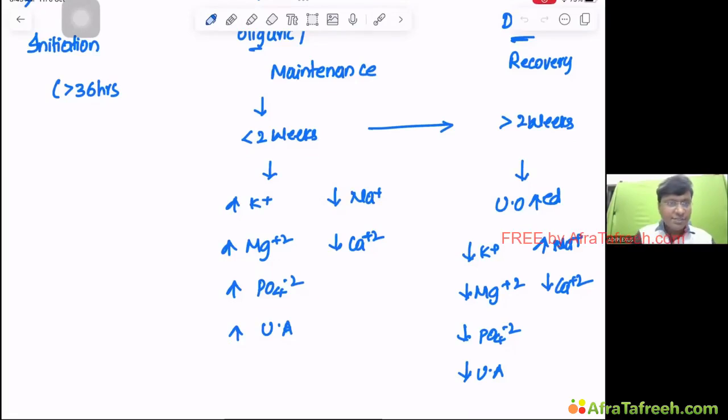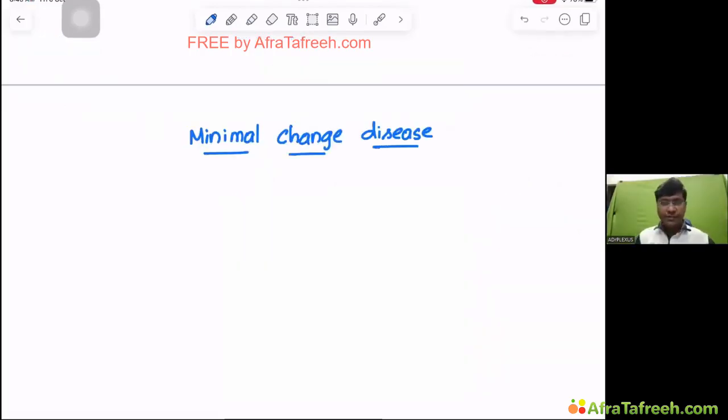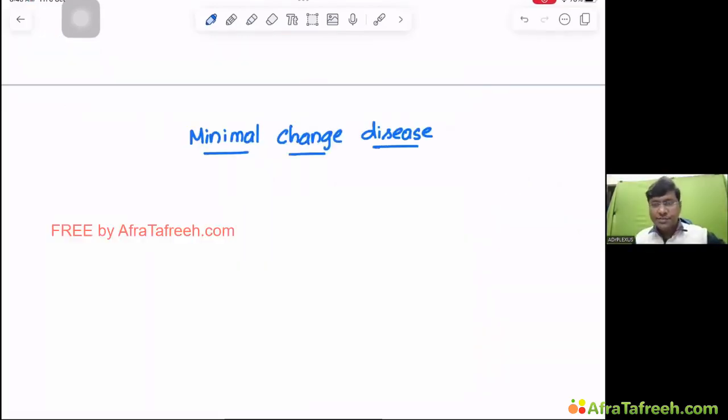Minimal change disease, can anyone tell me it is more common in which age group? Right, that is commonly seen in children. As I have said, it is a form of nephrotic syndrome which is commonly seen in children.